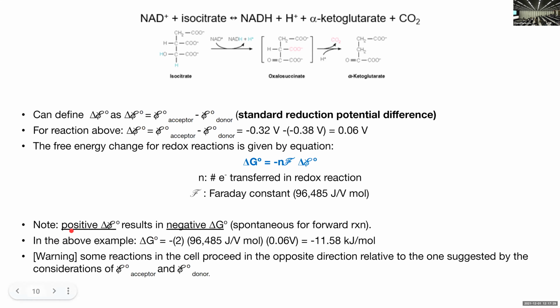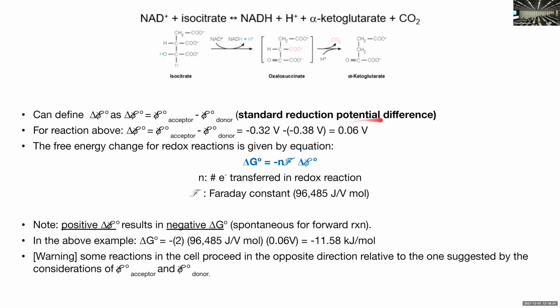And again, positive delta E naught means it's going to get more reduced, right? But this positive delta E naught value, regardless of reduction or oxidation, will result in a negative delta G naught value when you think about the relationship between those two state functions, right? Because there's a minus here.